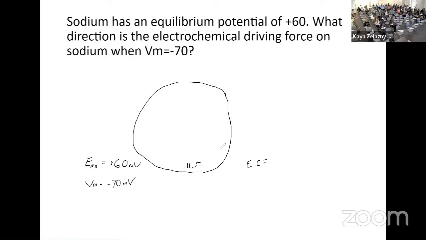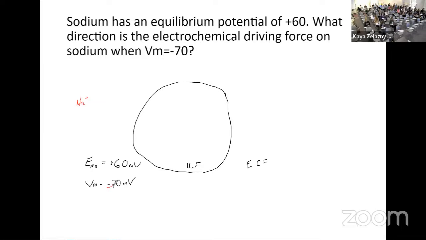This tells us that we're starting at our membrane potential of -70 millivolts, a typical resting membrane potential for a cell. Okay, and we're thinking about sodium, a positive ion. So we can think about all sorts of forces just from this information. The review will actually start with our electrical driving force, our EDF.